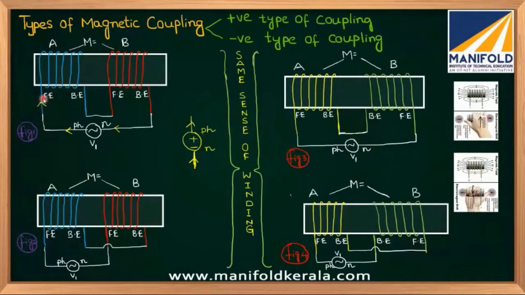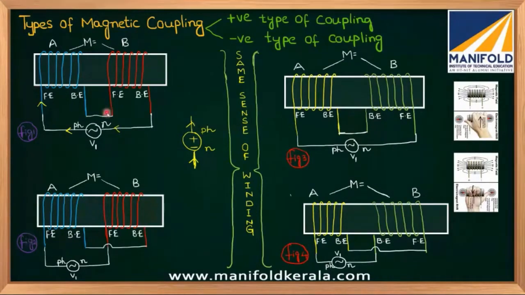Okay, everybody, can I ask one question? Can you see the winding which is entering at the front end, this portion? Yes or no? Everybody, please respond. Can you see the winding which is going at the back side of the core?